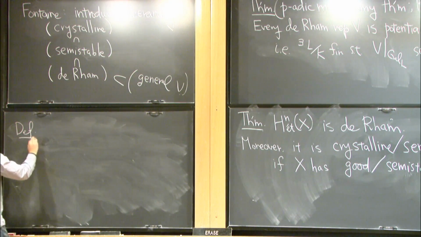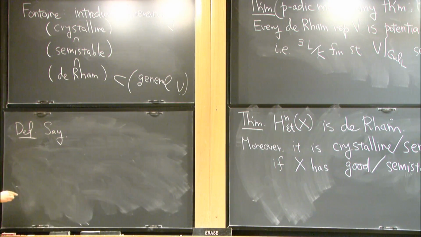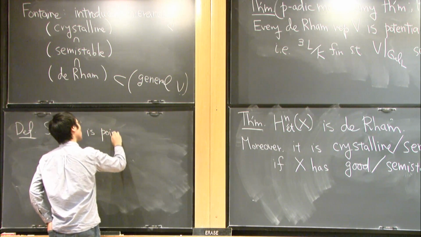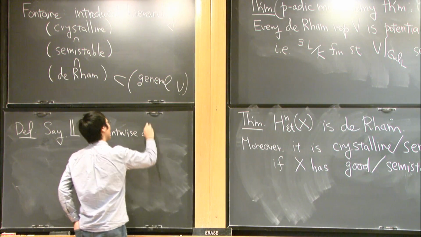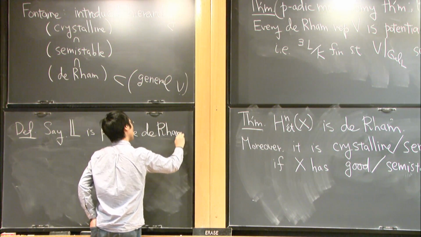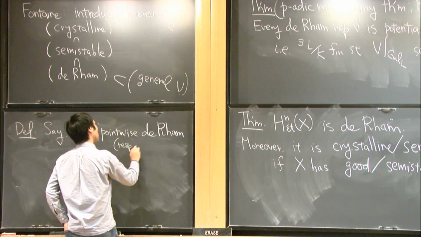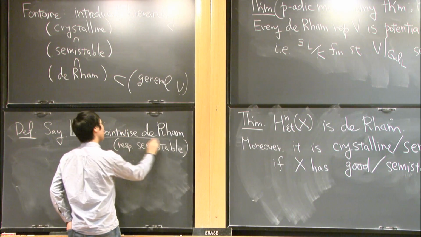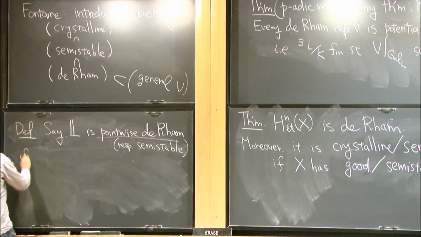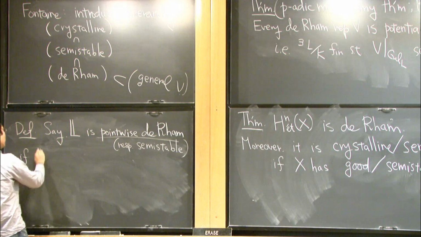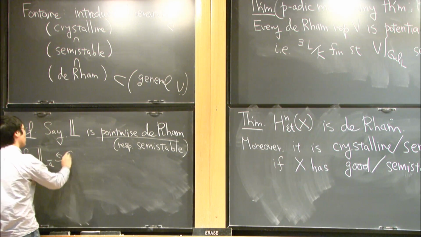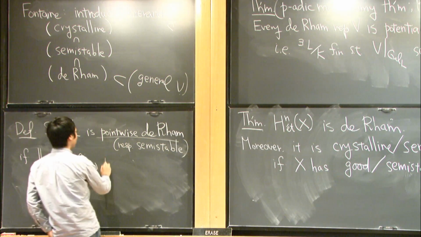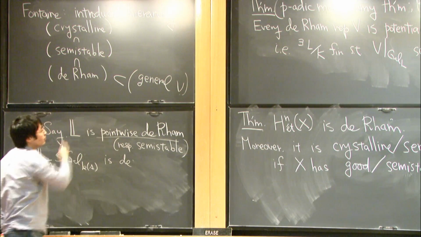Definition: say my local system L is pointwise de Rham or semistable, and so on, if you consider the stalk at a closed point, regarded as a Galois representation of the residue field, and this is de Rham or semistable in the previous sense I briefly explained.